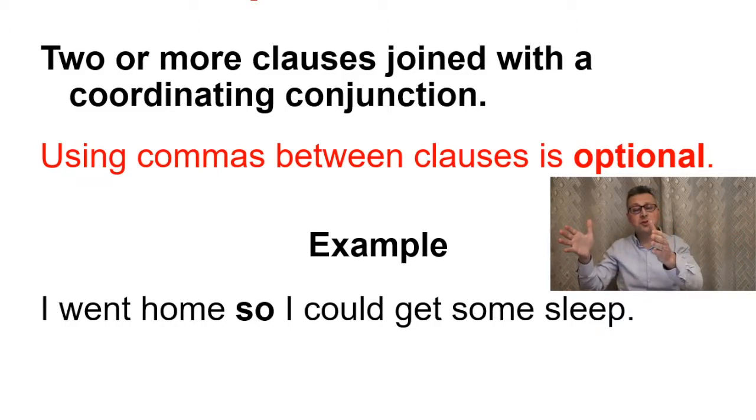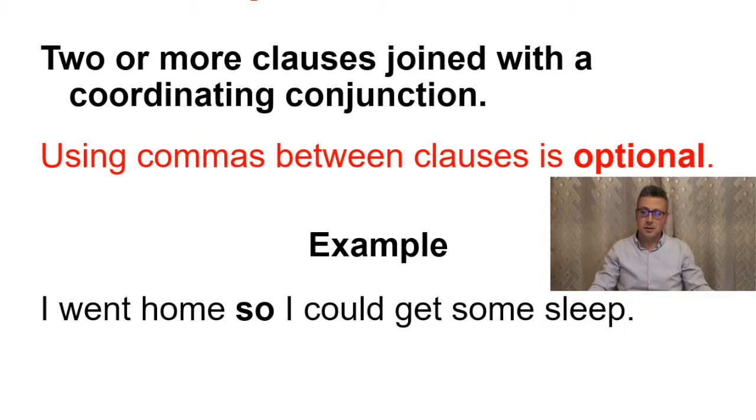I could get some sleep is another complete sentence that has a subject, a verb, and an object. I went home so I could get some sleep. Together, they are called a compound sentence because they are joined with so. Two independent thoughts could be joined by a coordinating conjunction. It is called a compound sentence. And this is the second form of an English sentence.